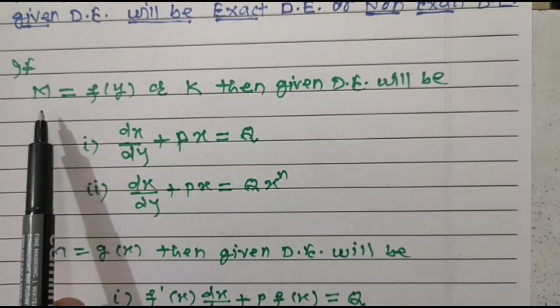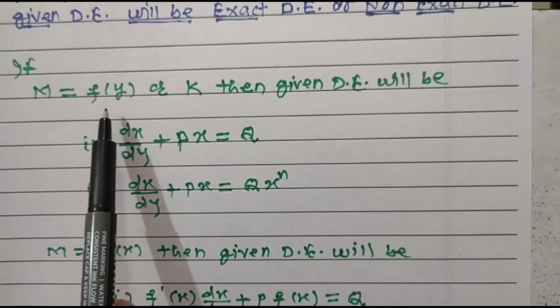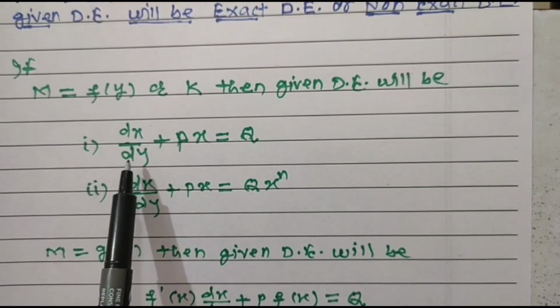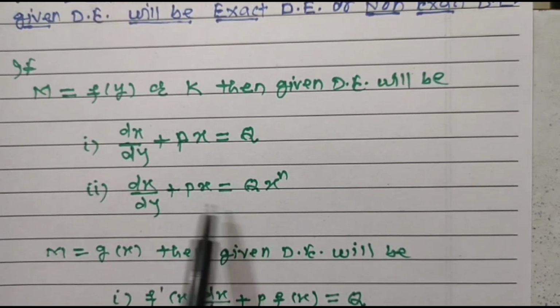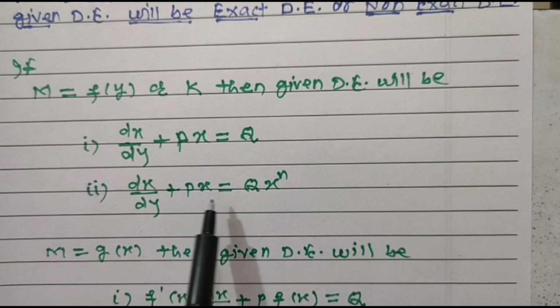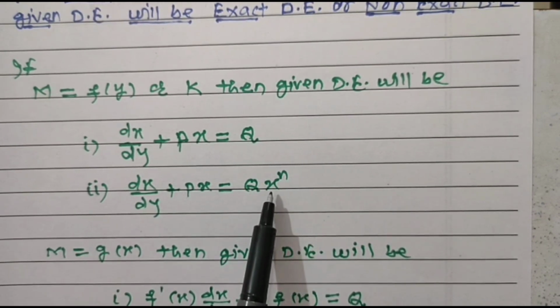So if M is purely a function of y only or a constant function, then that differential equation may be reducible to either this form or this form: dx by dy plus px is equal to q, linear differential equation; dx by dy plus px is equal to q into x to the power n, this is Bernoulli's linear differential equation.